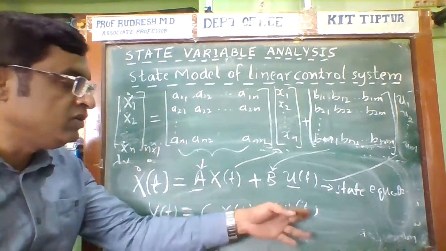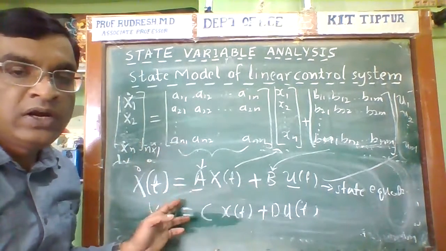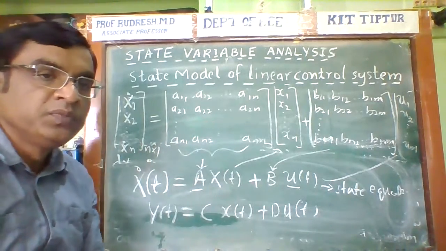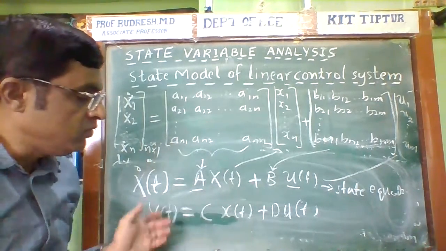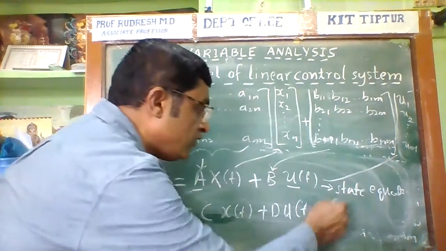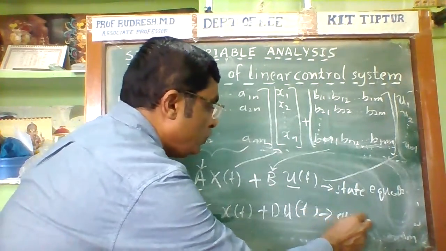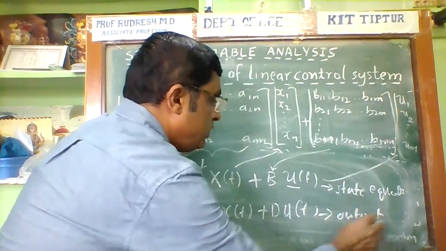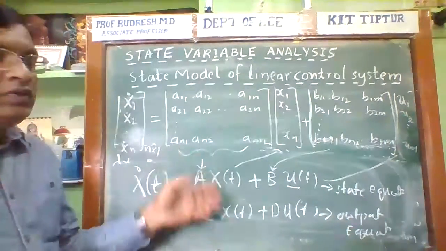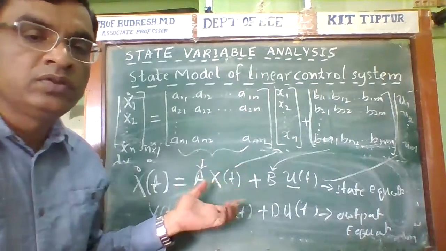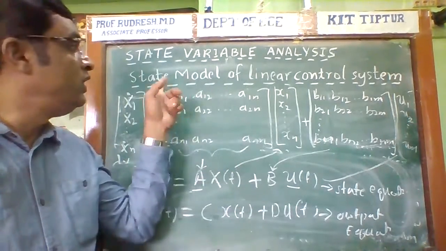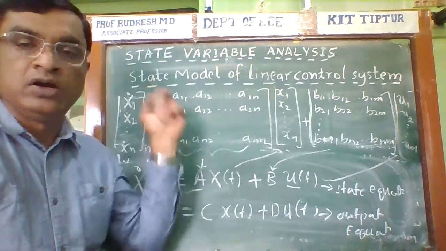So we write it in the form of linear combinations of the input and the state variables, and finally we get this relation. This is called the state equation, and this is called the output equation. The state equation and output equation together are called the state model of a control system.